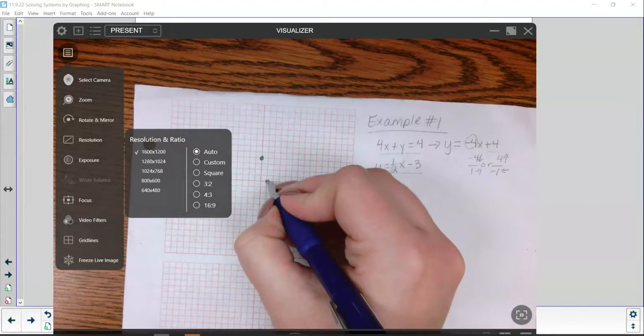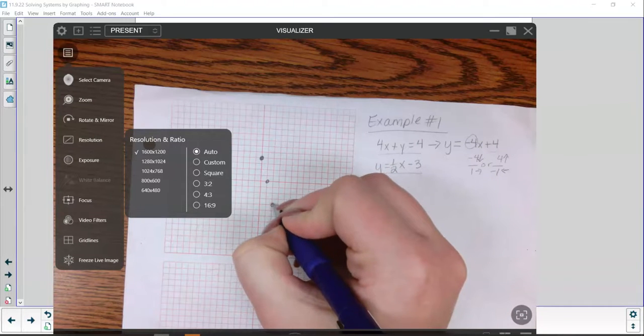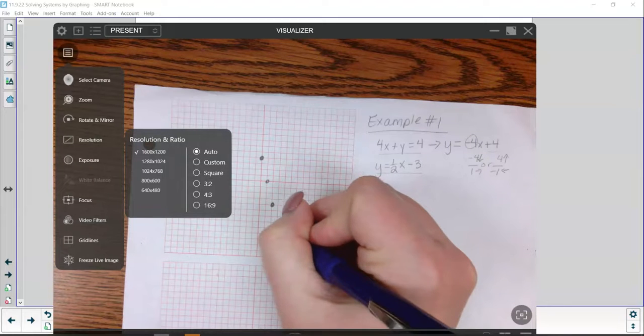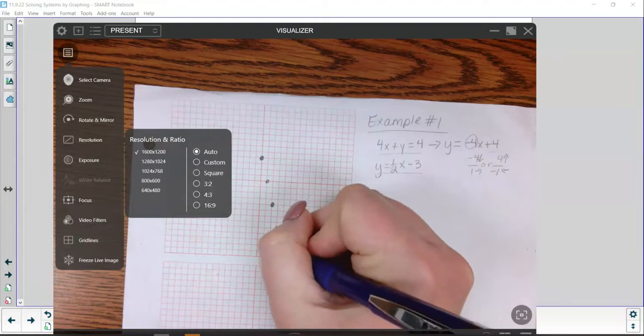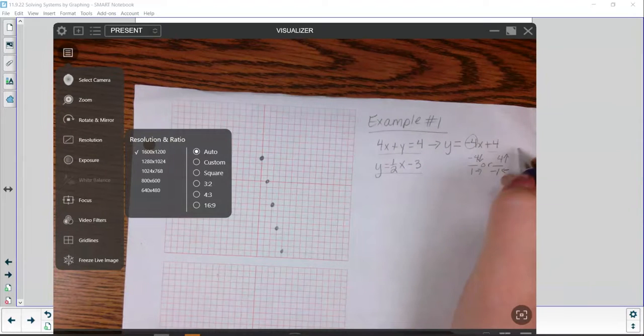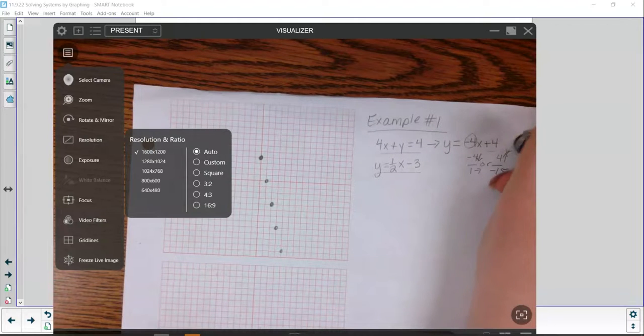We can continue this pattern. Down 4, right 1, down 4, right 1, down 4, right 1.